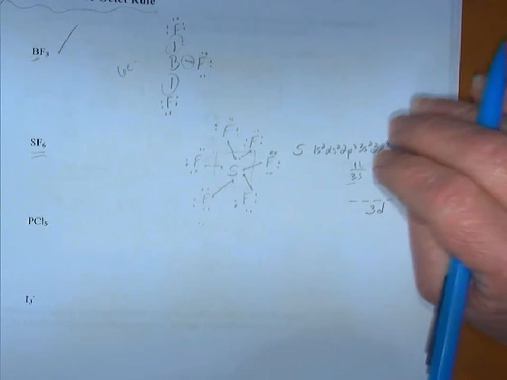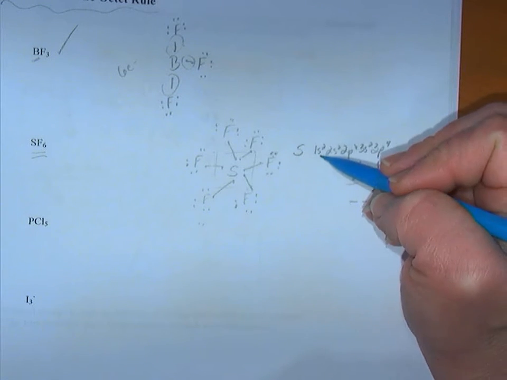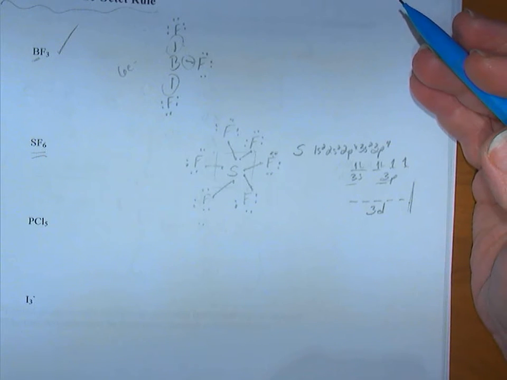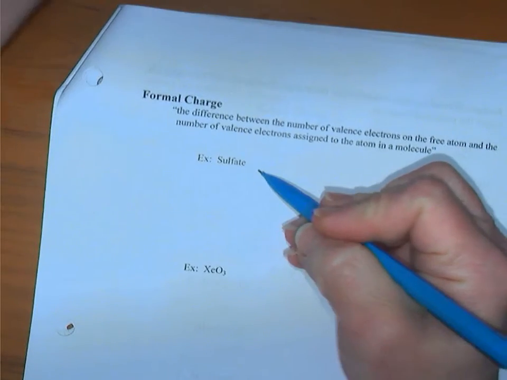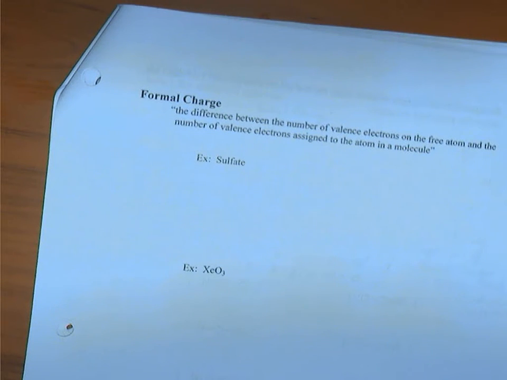Okay, but sometimes we can come up with multiple structures for elements that exceed the octet that give us choice. So how do we know which is the best structure, which is the final structure we're going to come up with? Well, if we go to sulfate, and I'm actually going to get a whole new piece of paper so I can show this clearly.